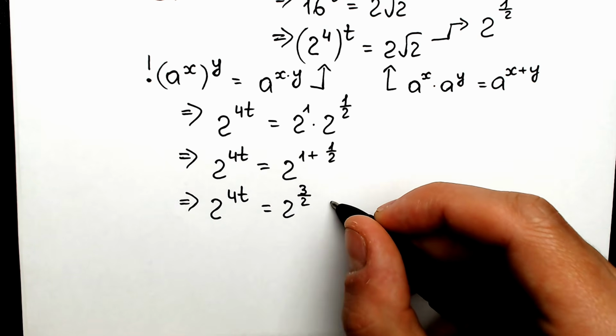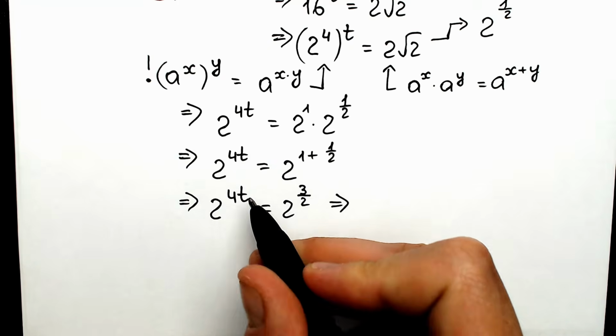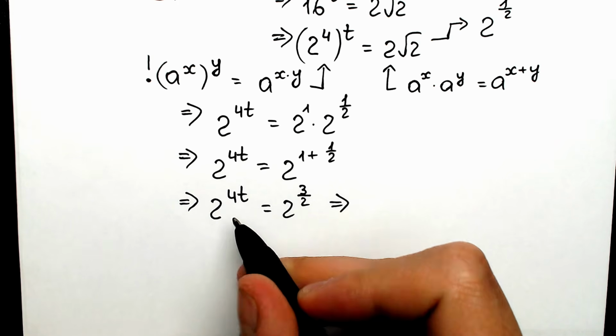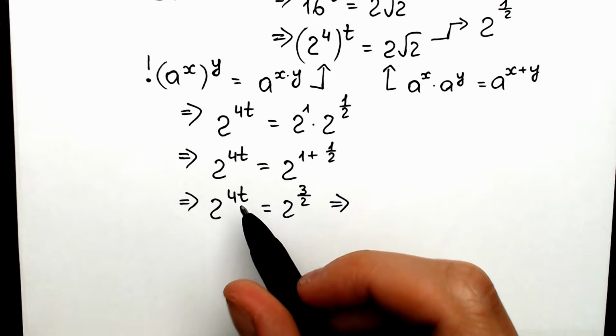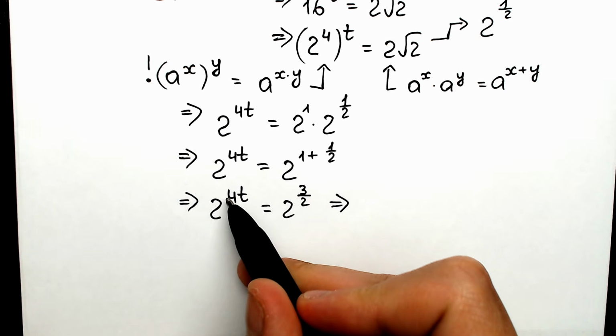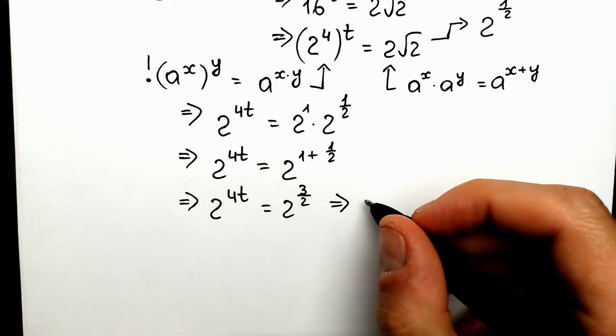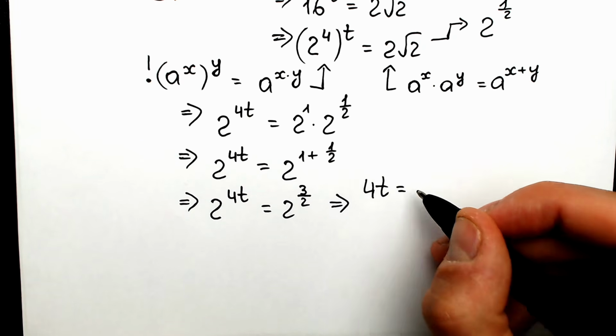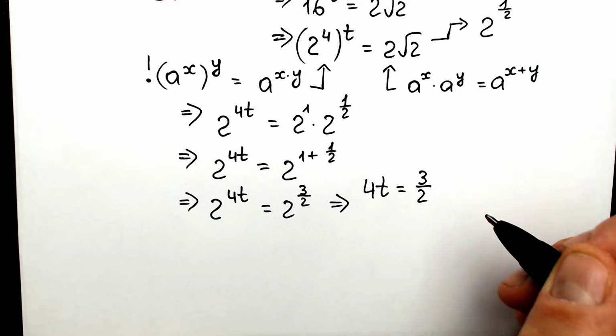And from here, we have the same base but different powers, so this is a classic equation. We just get rid of the base and we need to work with our powers. So we need to write an equation with our powers: 4t equal to 3/2.